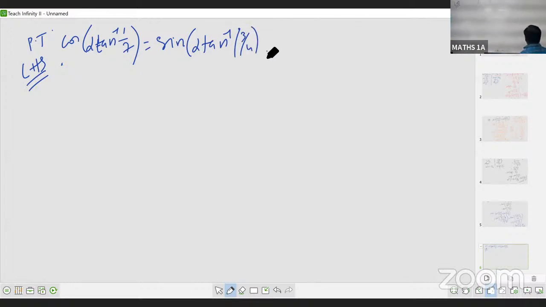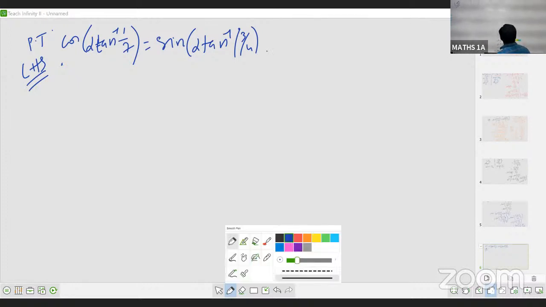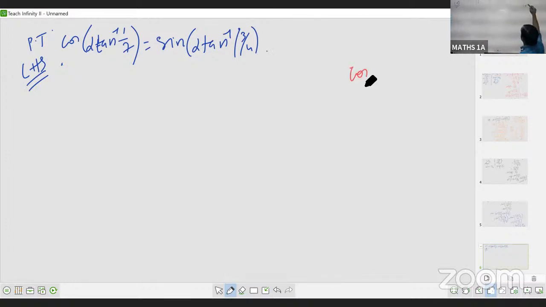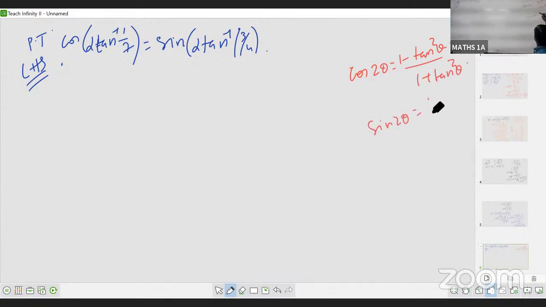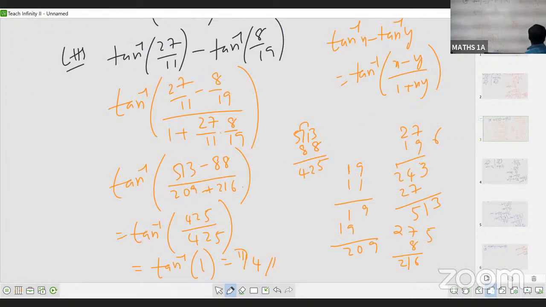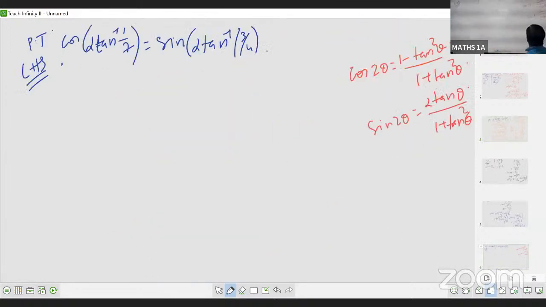So the formula I write here is cos 2 theta in terms of tan: 1 minus tan square theta by 1 plus tan square theta, and sine 2 theta in terms of tan: 2 tan theta by 1 plus tan square theta.